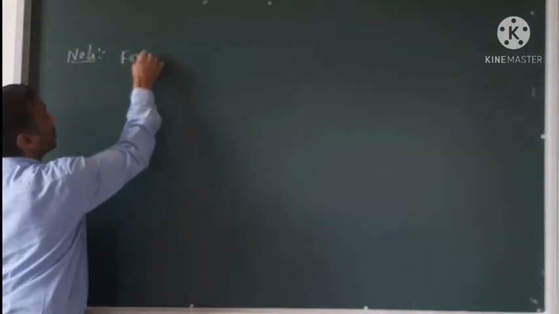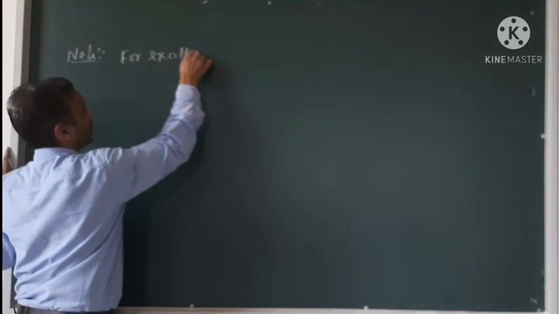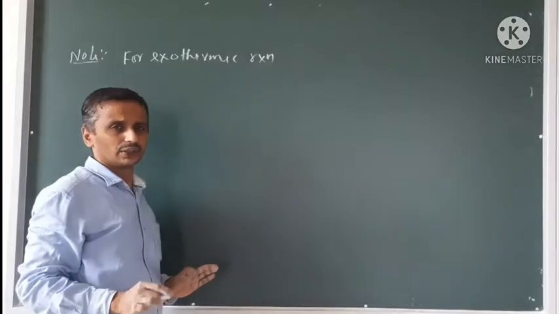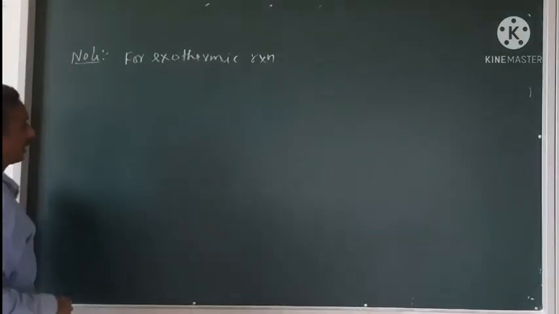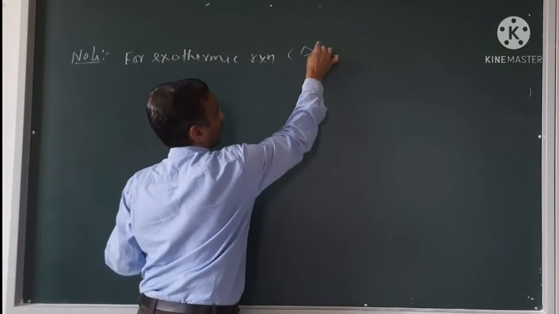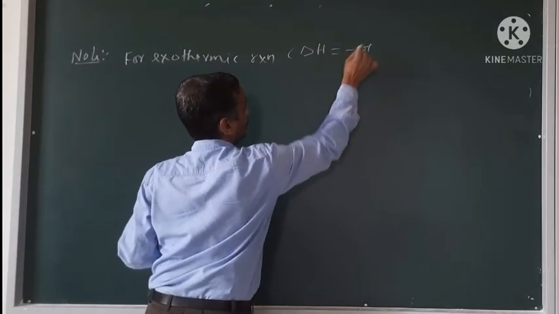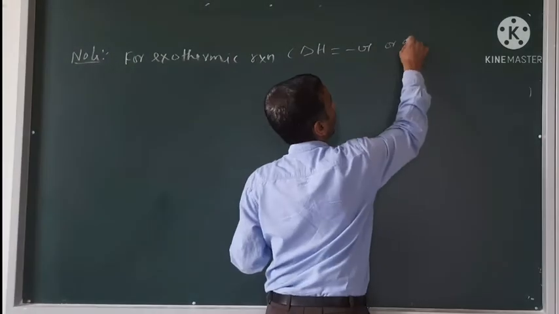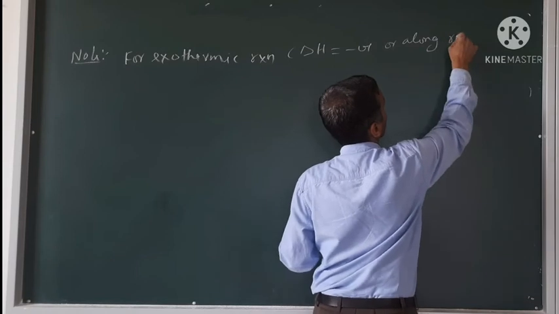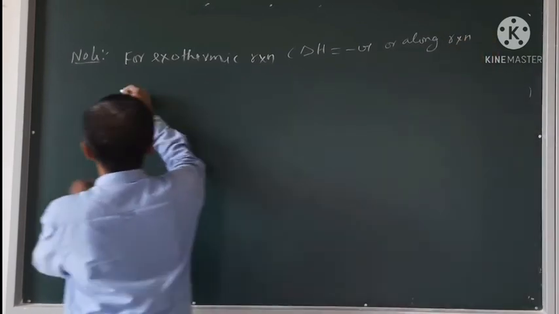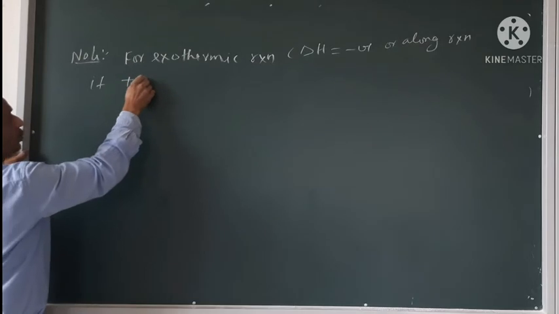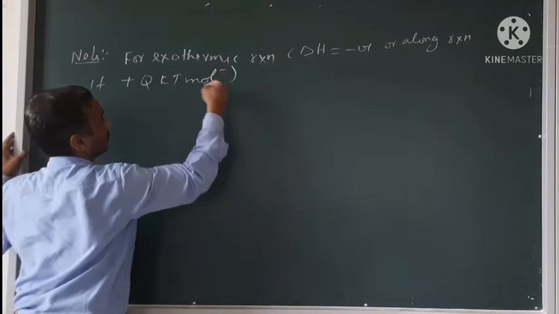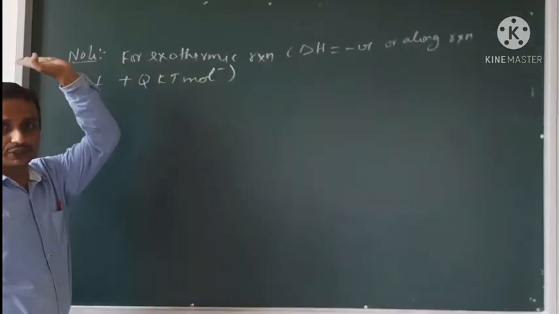For an exothermic reaction, this is a general note here, easy to remember also. Exothermic reaction: delta H negative, or along the reaction, if positive Q kilojoules per mole is written, it's an exothermic reaction.